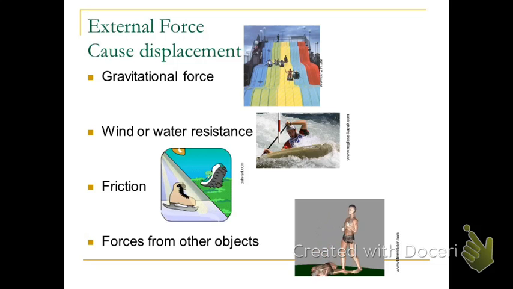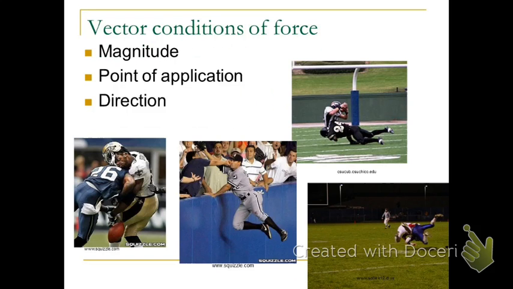And then we're students of friction. There are times when cleated shoes are appropriate and times where there needs to be increased friction. And there are times when we want as little friction as possible, like when we're snow skiing or ice skating. And then certainly these two boxers are expressing force and with certain desired outcomes for one of them.